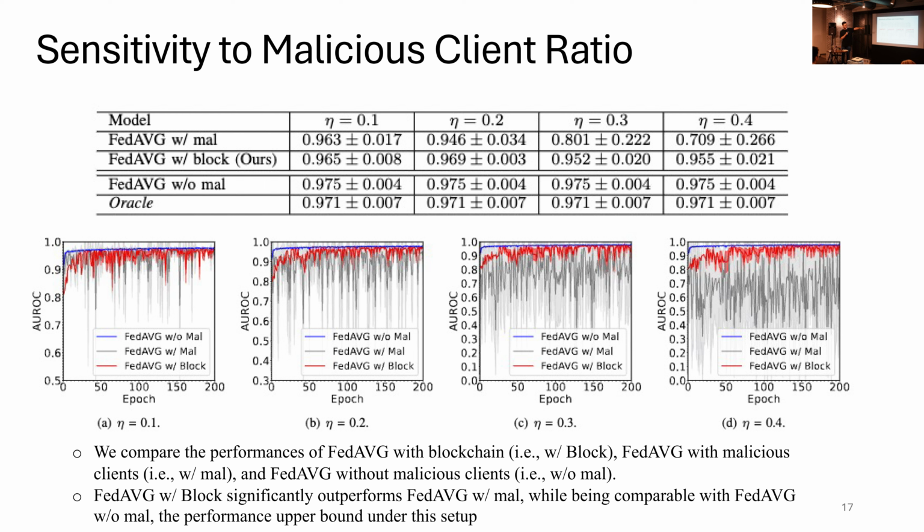But if we check 40%, the first one with malicious attack went down to 70% accuracy. However, with our method with blockchain involved, we can still sustain above 95% performance, compared with the FedAvg result without malicious attack, which is 97.5% accuracy.